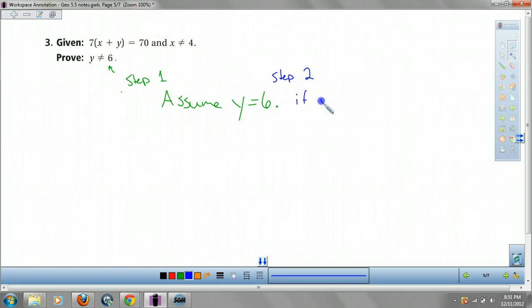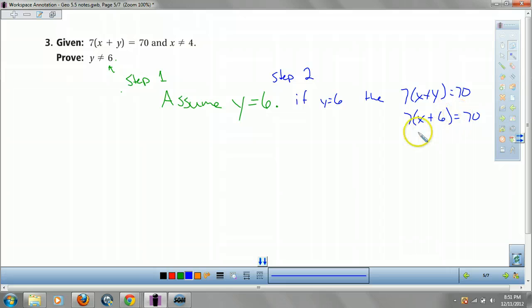So if y equals 6, then 7 times x plus y equals 70 means I can go 7 times x plus 6 equals 70, right? Which means 7x plus 42 equals 70, which means 7x equals 28, which means x equals 4.